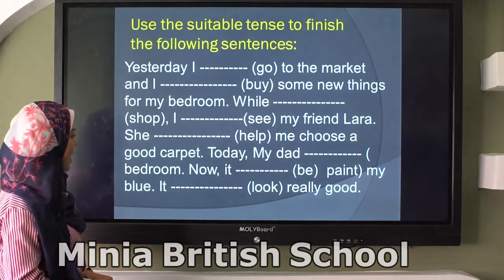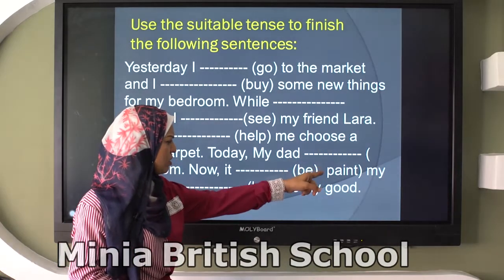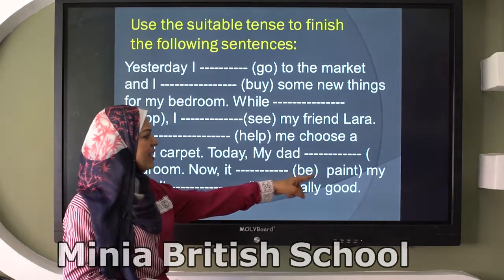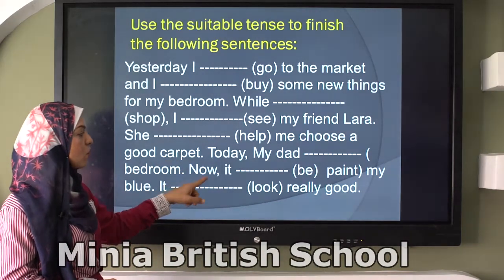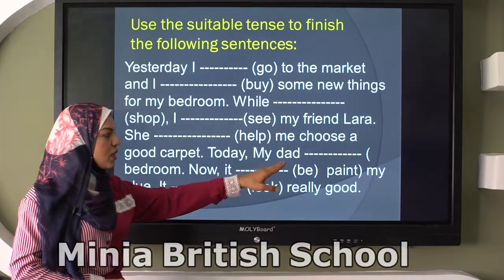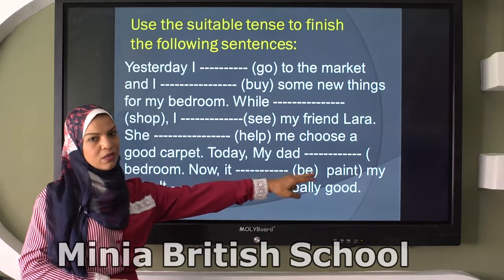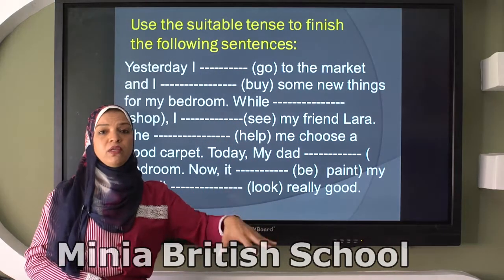Today, my dad, and the verb is paint. I think it's right here, but anyway, my dad is painting my bedroom. Now it is blue. Why did we use is painting here? Why did we use the present continuous? Because this action is ongoing, it is going on at the time of speaking.